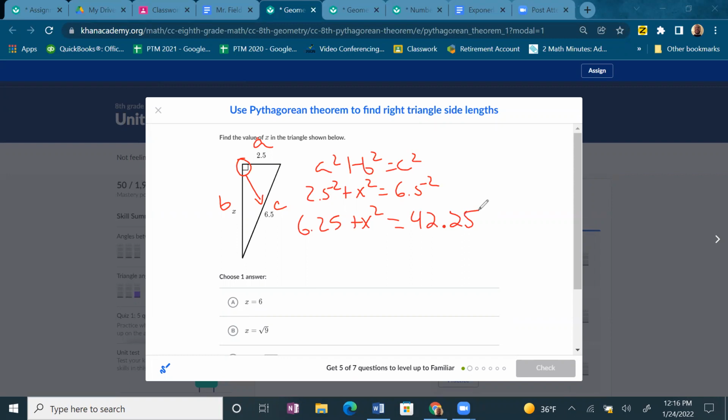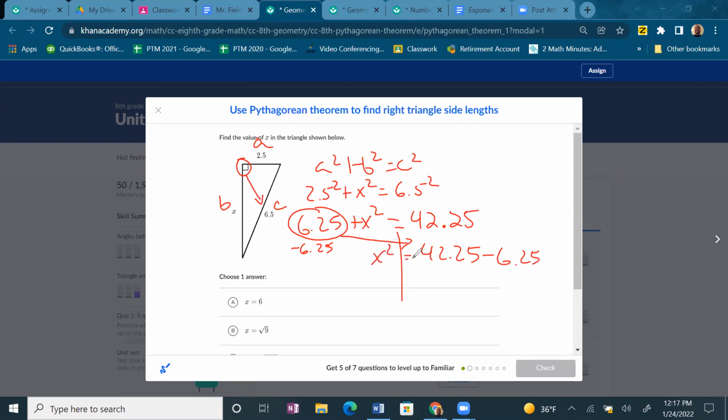All right, then what do we do? Now the variable is on the a, b side. So we have to get our variable on the left where it is and our numbers on the right. Remember that? So we have to take this 6.25 and move it over there. How do we do that? You can think of it and just move it over like we did earlier in the year, or you can subtract 6.25 from both sides.